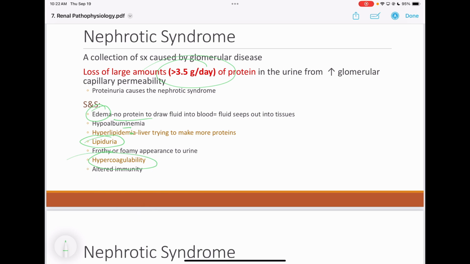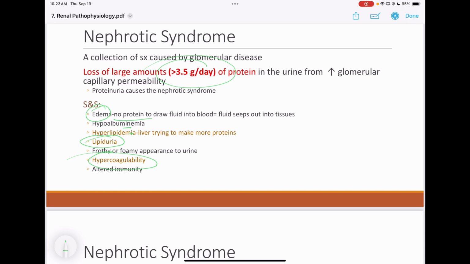Hypercoagulability. Why are they in a hypercoagulable state? Well, if the liver is working hard to produce proteins and to produce cholesterol, what else does the liver produce? Clotting factors, right? So you produce a lot of clotting factors too.